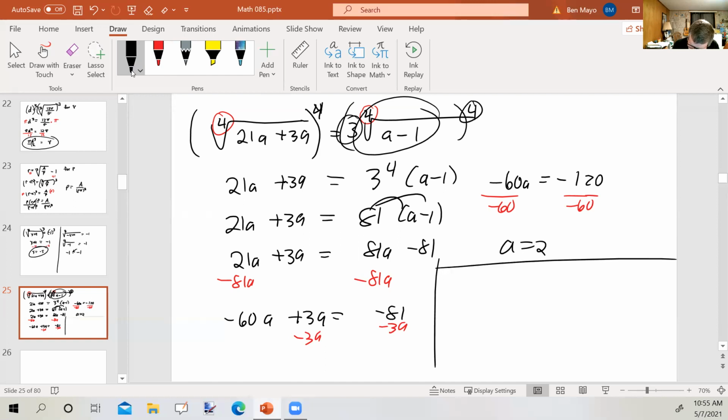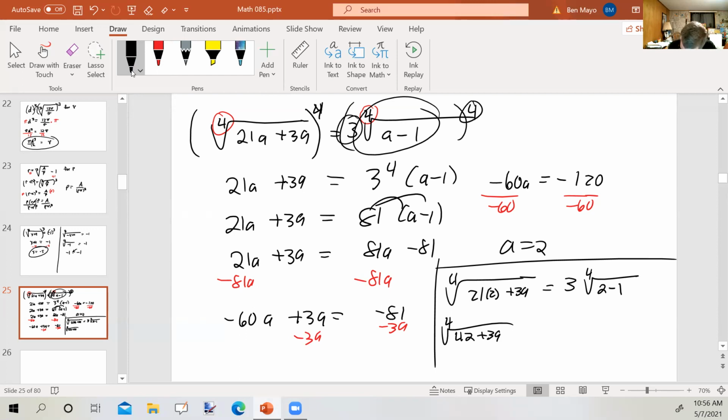Let's find out if it checks. The fourth root of 21 times 2 plus 39 equals 3 times the fourth root of 2 minus 1. The fourth root of 42 plus 39.